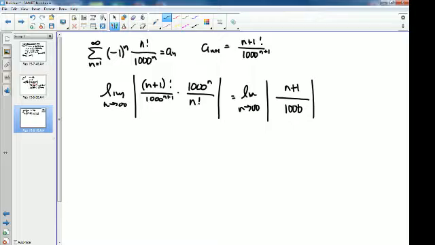And that is infinity. So, write your statement. Since the limit as n approaches infinity, the series diverges.